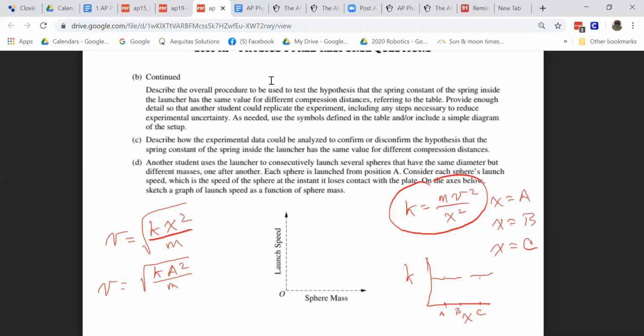Now, one thing to notice is that the spring constant and the displacement of the spring is now held constant. So that's not varying. So you can say that V should be the square root of K A squared, or you could put the square root of K times A, it doesn't really matter, times 1 over the square root of the mass. So as the mass gets bigger, the velocity gets slower.